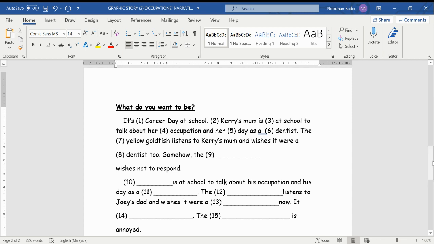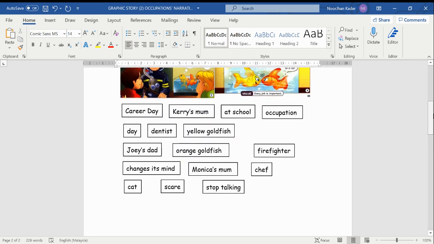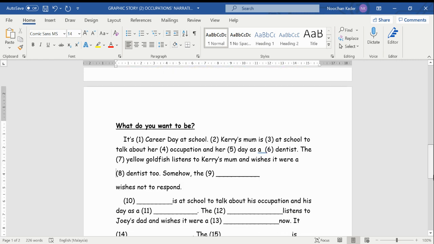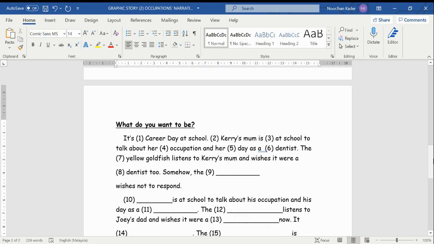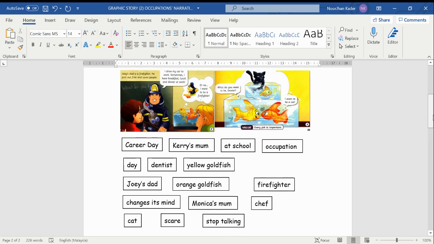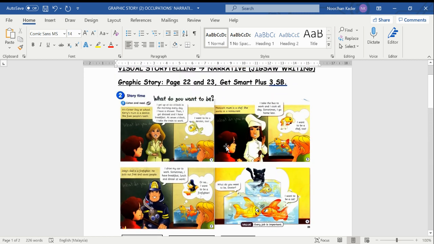Somehow, okay, number 9. Somehow wishes not to respond. Which character wishes not to respond? So we are talking about the supporting characters. So you see, the orange goldfish is ignoring the yellow goldfish. It's actually just giving its back and moving away. So it's just ignoring the yellow goldfish. Okay, it doesn't want to know.